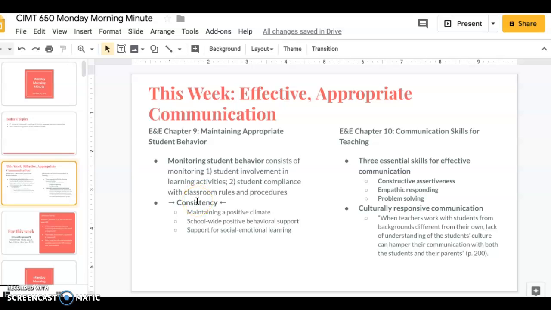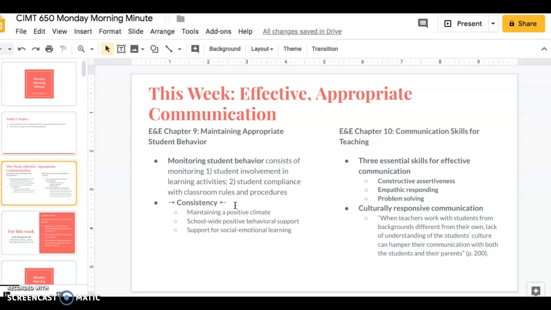Secondly, they offer up the importance of consistency when we are thinking about maintaining appropriate student behavior. Are we consistent in, first of all, what we say our goals are and our methods of achieving those goals? We can think about this, first of all, at the classroom level. Are we consistent in maintaining a positive climate? But we can also zoom out and think about our schools, our buildings. Are the schools that we're at consistent in maintaining school-wide positive behavioral support systems?